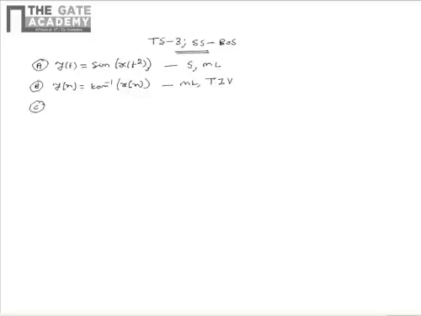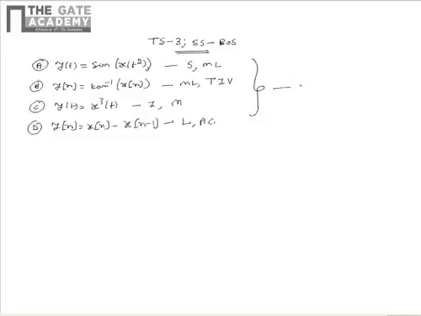As per the option C, the system y of t is equal to x cube of t is invertible and has memory. And as per the option D, the system y of n is equal to x of n minus x of n minus 1 is linear and anti-causal. Out of these four options, we need to pick the option that is correct.